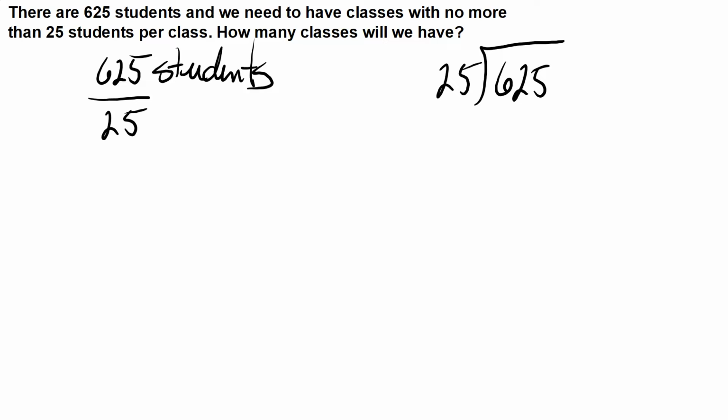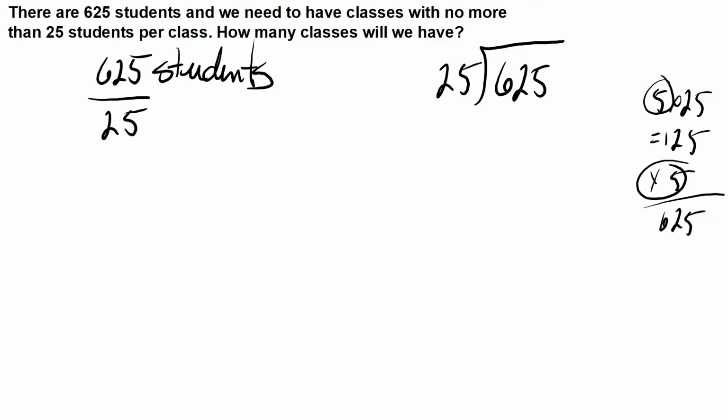If we do that math, we can do it mentally or in long form. Mentally, I remember that 5 times 25 is equal to 125, and multiplying that times 5 is going to give me 625. So that means I've got a 5 times a 5, so I've got 25.